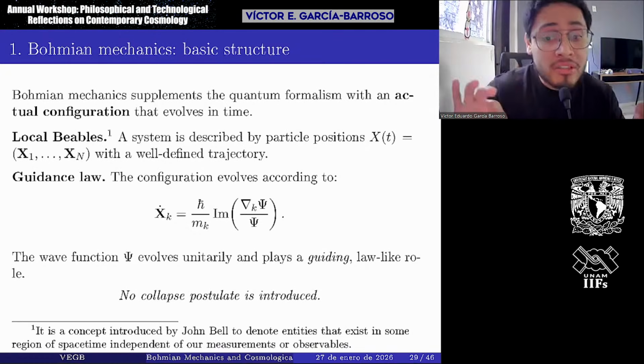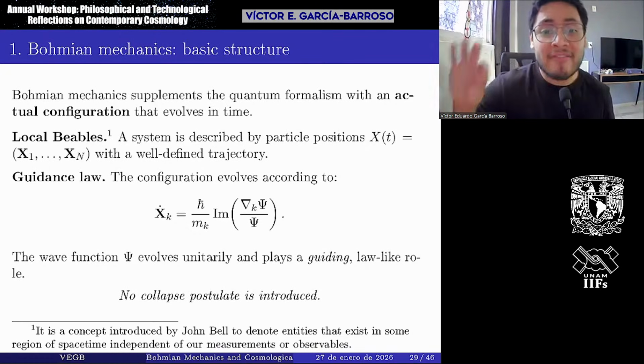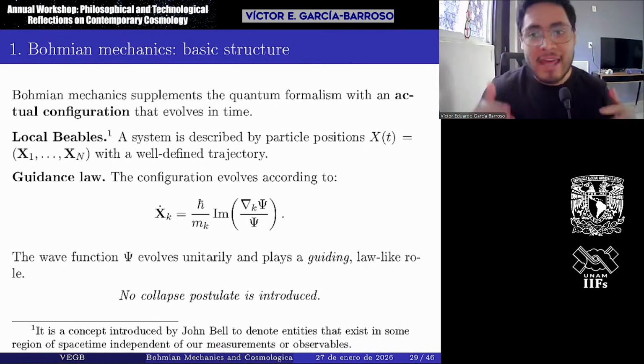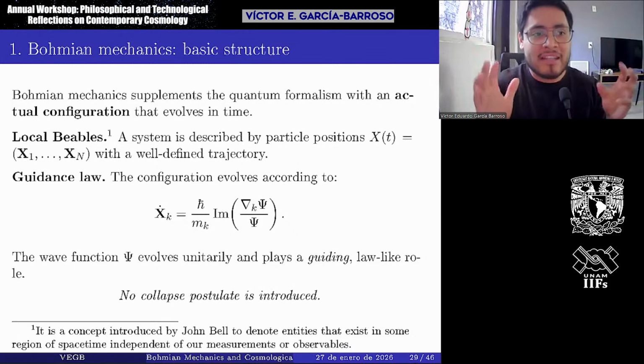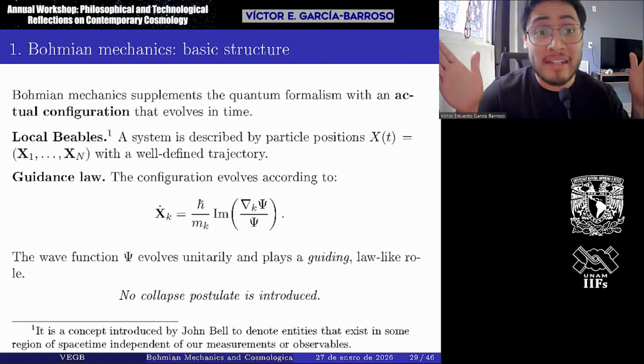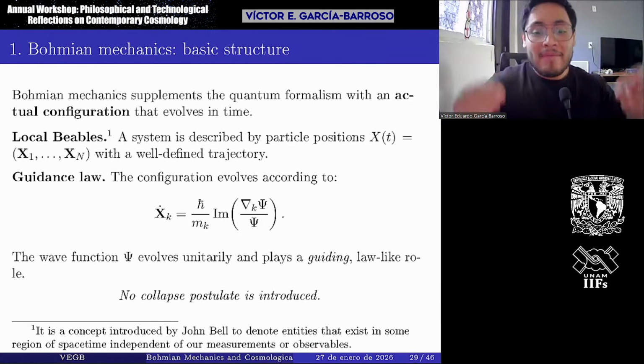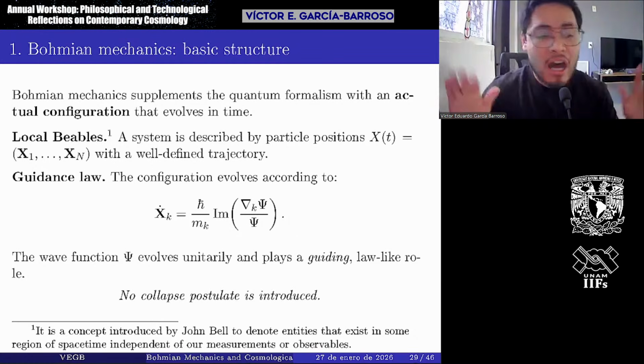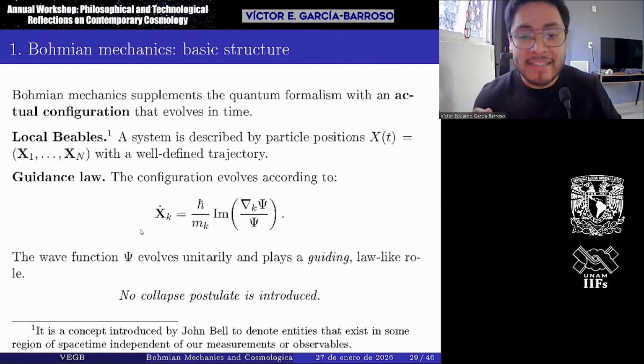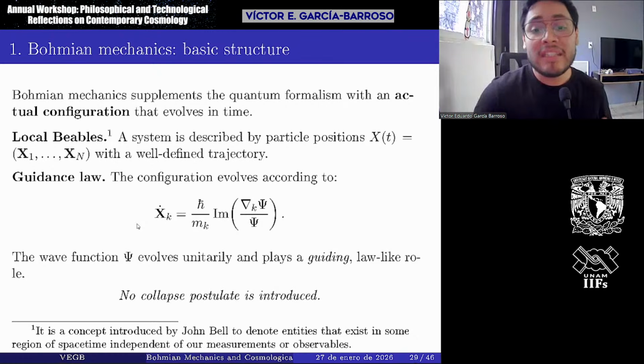We postulate that particles have definite positions, something that doesn't happen in standard quantum mechanics, and particles have definite positions at all times. These particles move according to a guidance law, the guidance equation, and we don't need a collapse postulate.